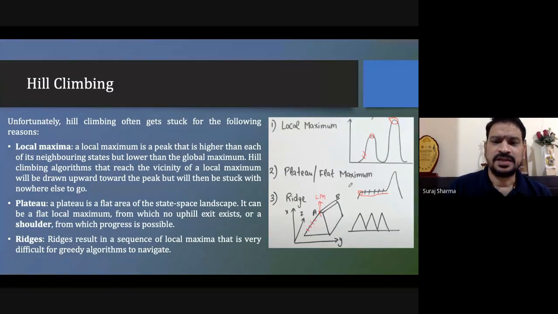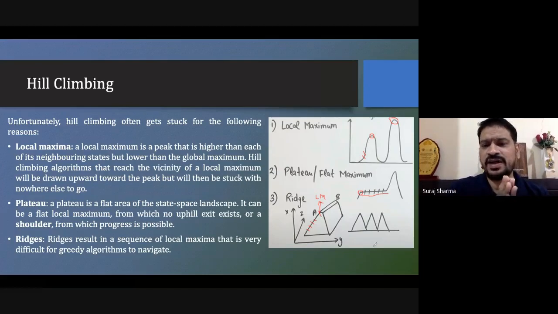Okay, this is a ridge. So we have three types of state space. This state space will tell you how the value increases, how the value decreases, and how the value goes flat, right? So this is all about the hill climbing algorithm.